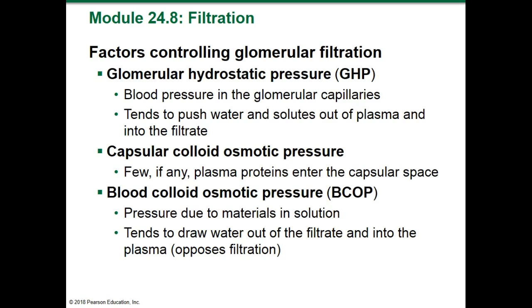So you still have to kind of overcome that. So the glomerulus itself has a lot of concentration, let's say solutes in it. So you still have to overcome that kind of a negative pressure trying to pull stuff back into it. Then you have blood colloid osmotic pressure. That's pressure due to the materials in the solution. It tends to draw water out of the filtrate into the plasma, so that's another opposing force to pushing it out.